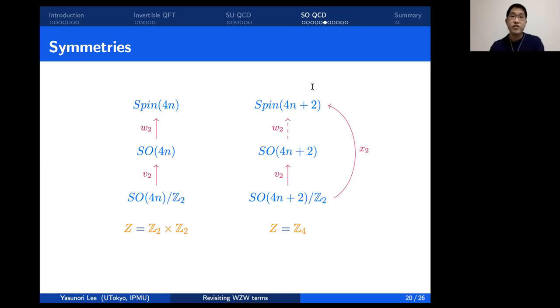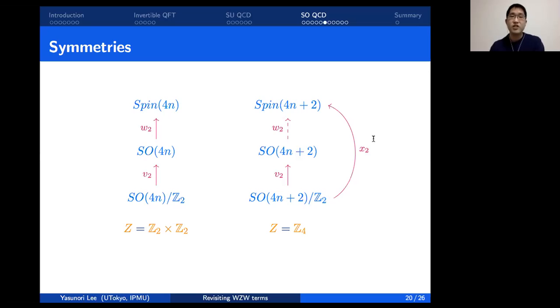On the other hand, for the Spin(4n+2) group, the center is known to be Z4. And correspondingly, there are two cohomology classes, X2 and V2. This time, X2 is Z4 valued, and V2 is a mod 2 reduction of this X2, so it is Z2 valued. Again, starting from an SO over Z2 bundle, one can lift it to a spin bundle if X2 is trivial.